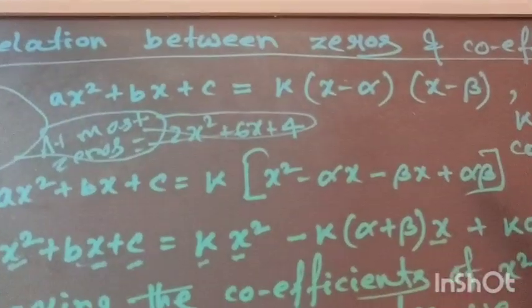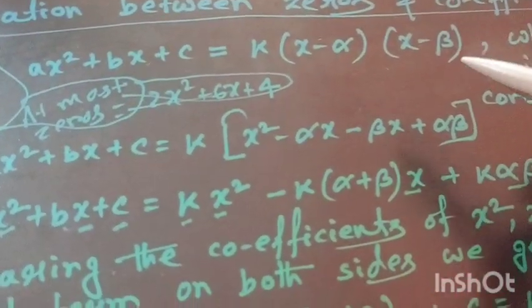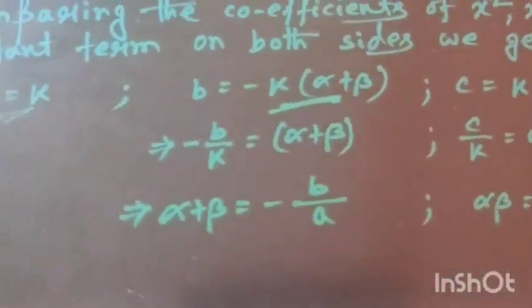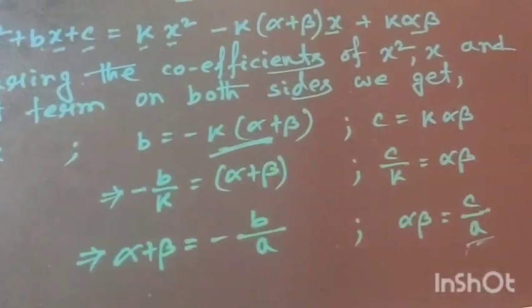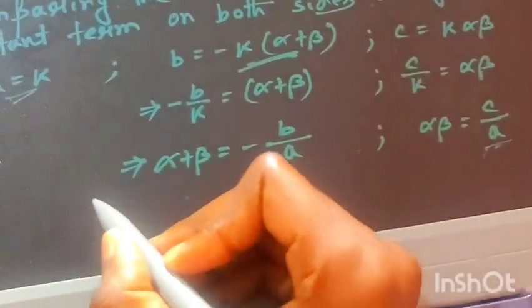Now what I said at the start is that alpha and beta are the two zeros of the polynomial. So you can say that for a quadratic polynomial you will get these two formulas.